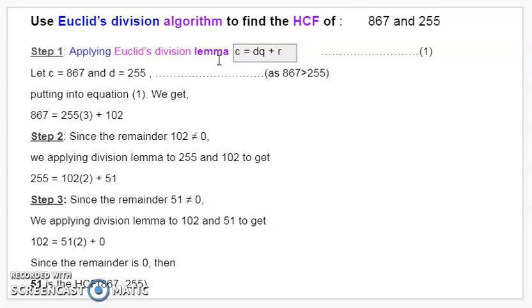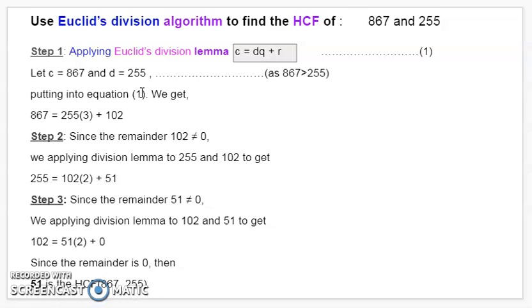Applying Euclid's division lemma, so the lemma c equals dq plus r, which is already proved, we are going to use again. If we compare both of them, 867 is bigger, so we are taking c, the dividend, as 867 and the divisor as 255.